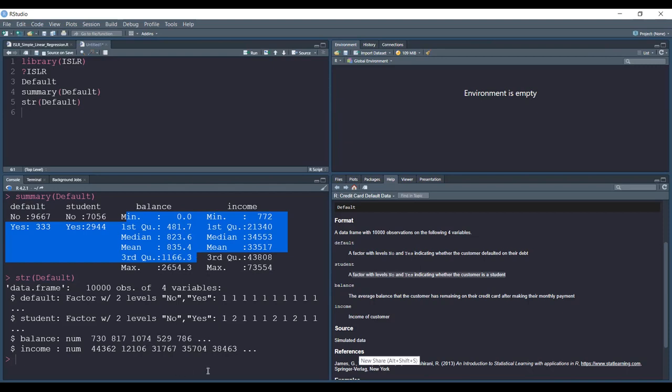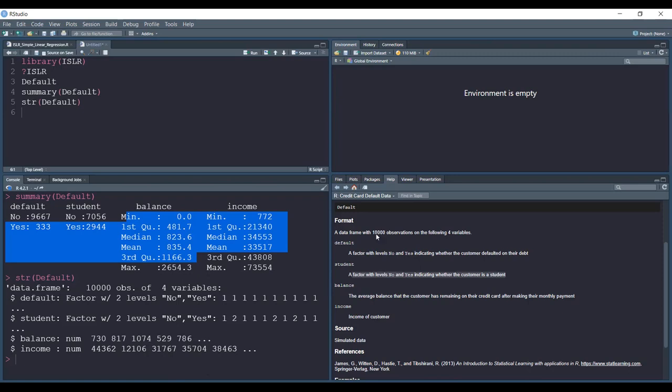But a default, just to keep things simple, is when a person doesn't pay back the full amount of the loan plus the interest due on that loan. The interest is there to reflect the risk that the bank, or whichever lending institution, is taking on when lending the money.